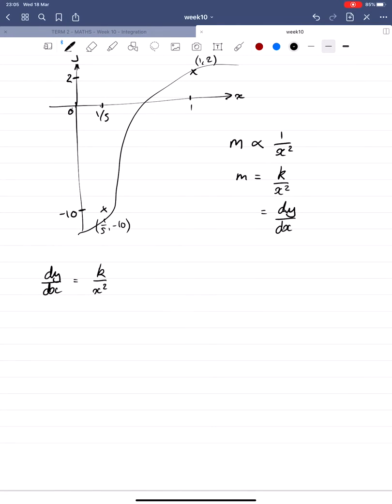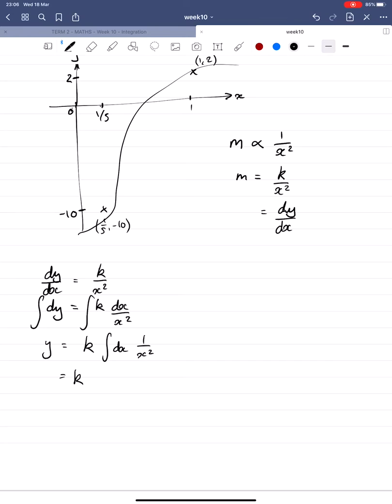If I times by dx, then I get dy is equal to k dx on x squared. I can drop in my integral signs and I get y is equal to k, the integral dx 1 on x squared. So let's do that. I increase the power by 1 and then divide by the power.